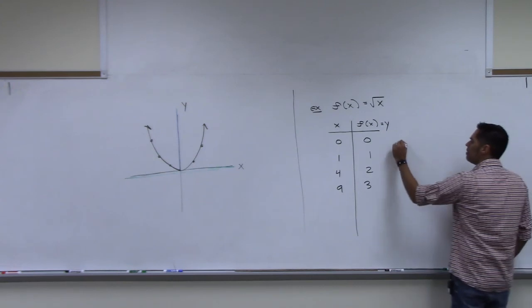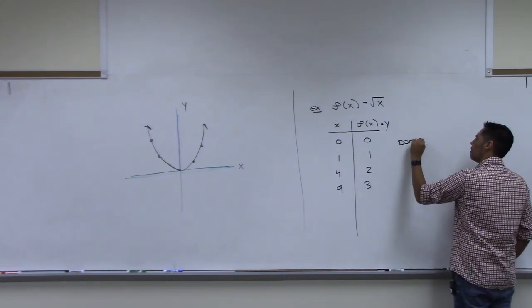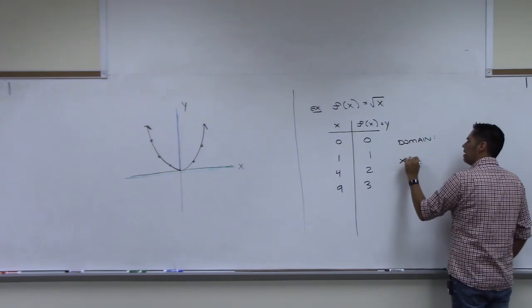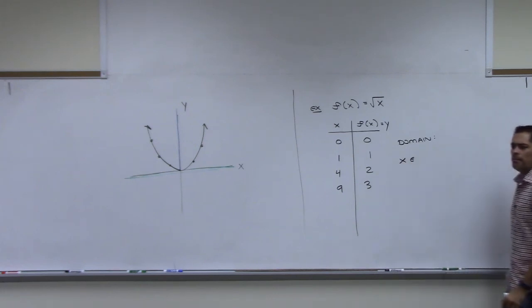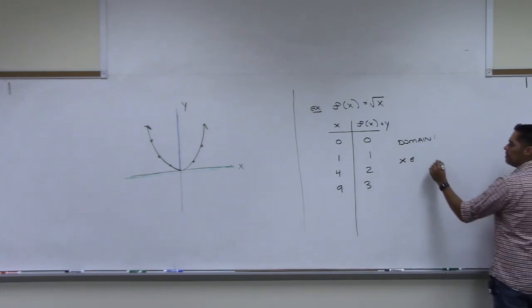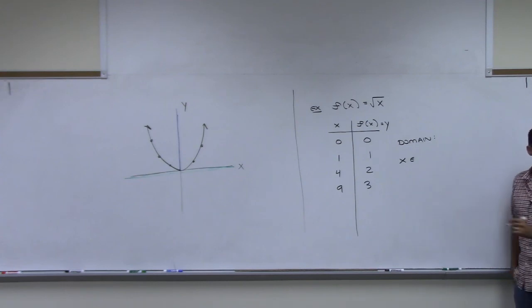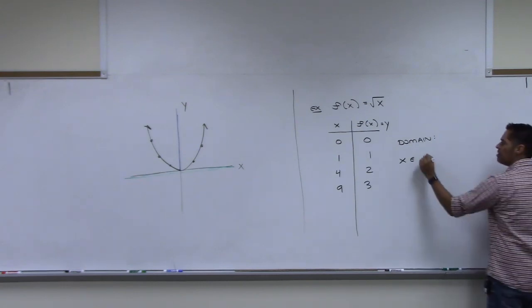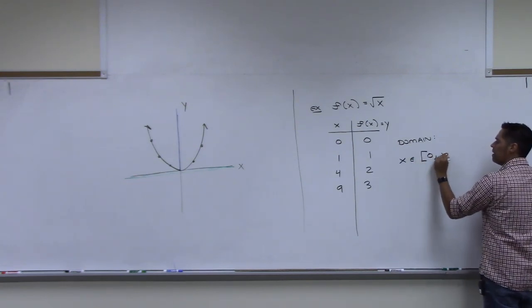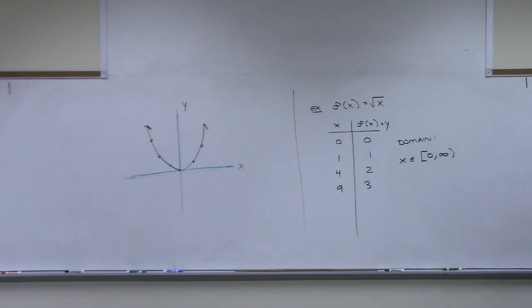So the domain of this is I can basically pick an x as long as it's bigger than 0 or 0 itself, right? It can be 0. So I could say from 0 to infinity, greater than or equal to 0.